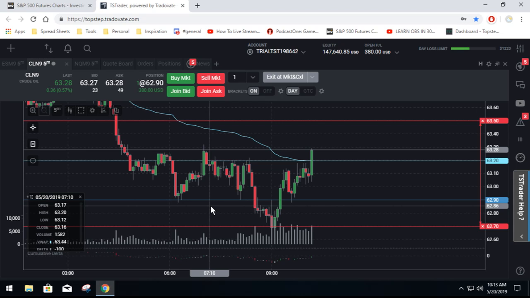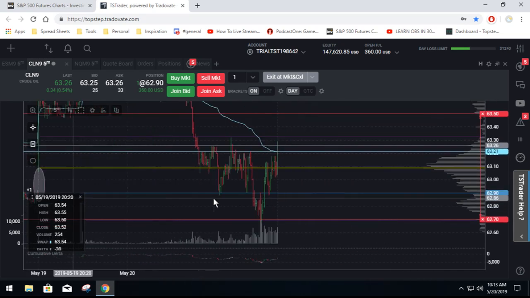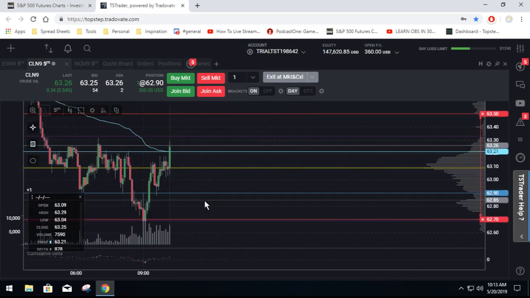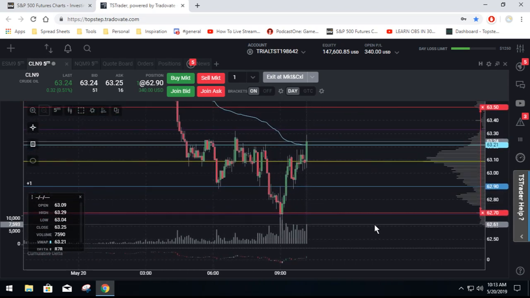So trading is about strategy, patience, execution. See what value looks like at the moment. So we broke VWAP, looking for a test back to the upside.